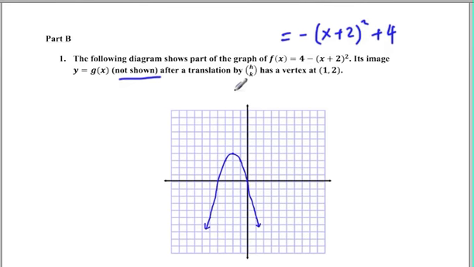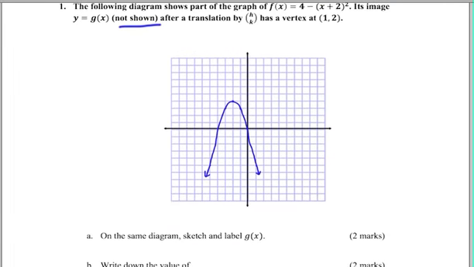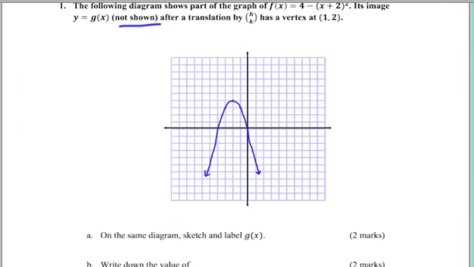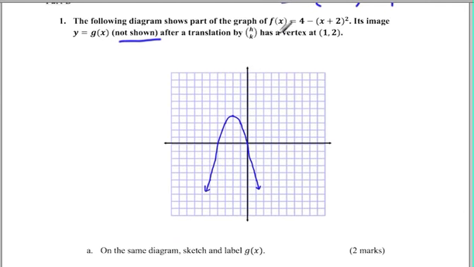Now, let's look at part A. On the same diagram, sketch and label g of x. We know that it's been translated and has a vertex of 1, 2. So where's that vertex? 1, 2, which is right there. There's no stretching, so all we're doing is moving this blue graph to this vertex here, so it's going to be something like that.